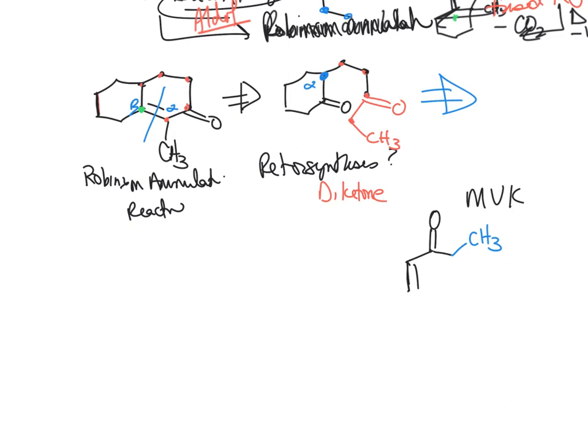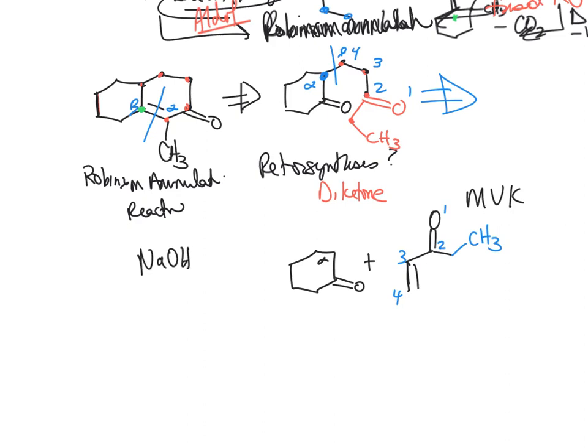Okay, and this is your new bond, and this is your beta. So those are your bonds. And so this is 1, 2, 3, 4. And so if we break the other one, these are your starting materials. Okay, that's your alpha. All right, and you put this in base.